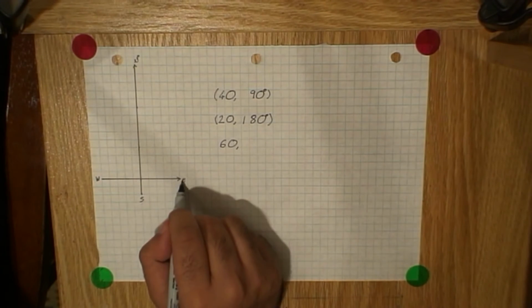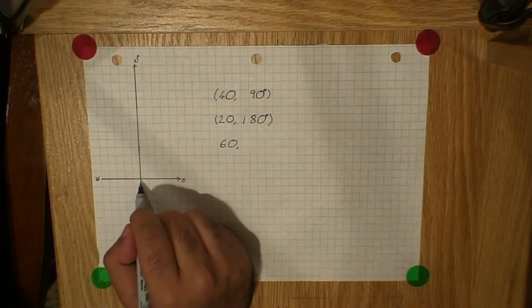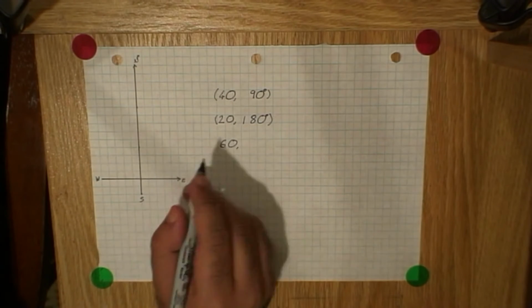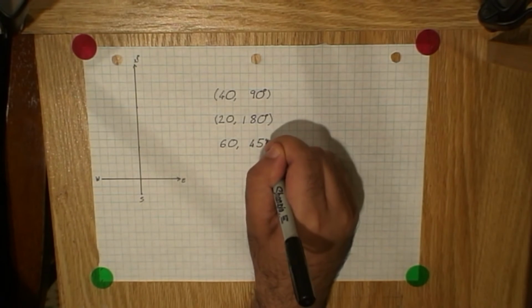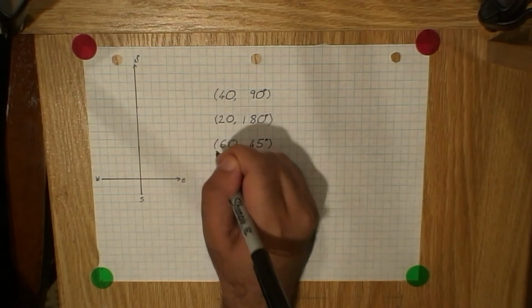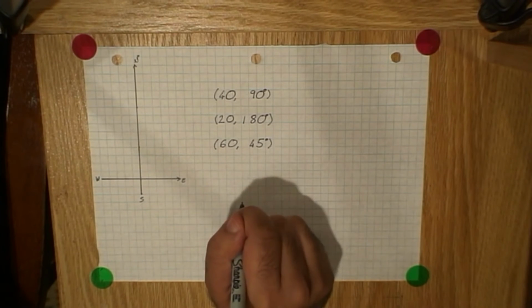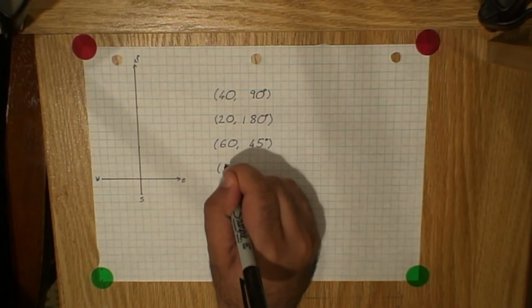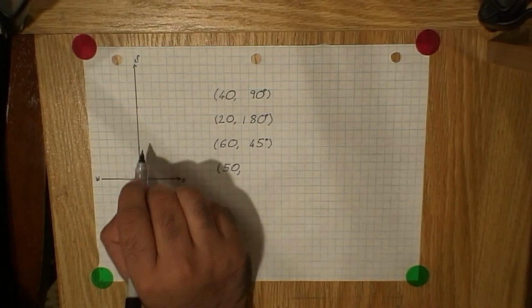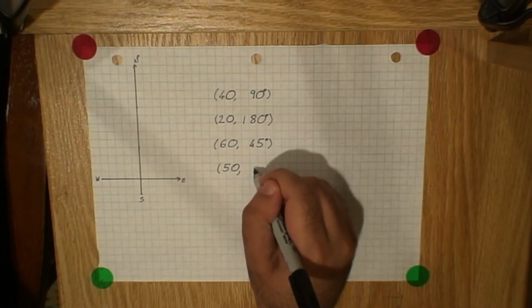So if east is 0 and north is 90, northeast is exactly halfway between the two, which is 45. And fourth was 50 north. Again, north of course was 90.